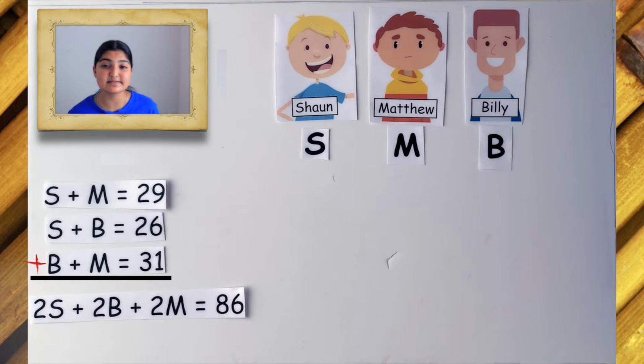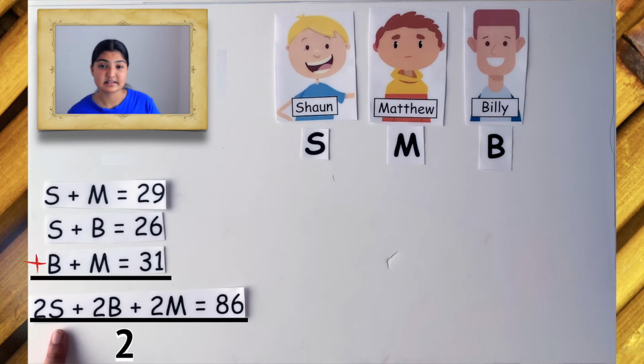Now, we can divide this entire equation by 2 to make it a little easier to solve. So, if we divide the left side of the entire equation by 2, we would get s plus b plus m.